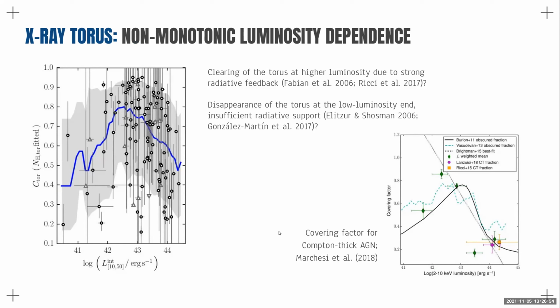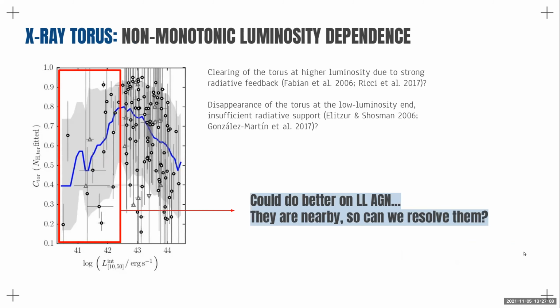There are some ideas up here on the slide, but I'm not going to go into much detail on that. I just wanted to add that since then, other people have confirmed this. Here is one example where you see the covering factor on the y-axis going up, peaking, and then dropping towards higher luminosities. One thing you'll notice is that at low luminosities we have relatively poor constraints, which we can improve.